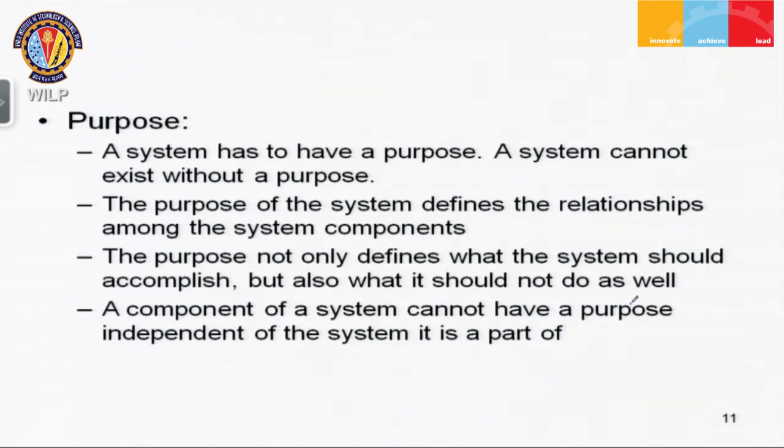Okay, meaning that let's say that if we have a system that produces cars, so one of the things that would be the purpose of this particular system would be to provide means for vehicular transportation of people.